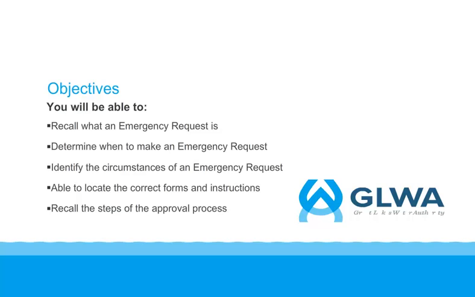As a result of the information you are provided in this presentation, you will be able to recall what an emergency request is, determine when to make an emergency request, identify the appropriate circumstances to make an emergency procurement request, and recall the chain of command to get your emergency request approved for submission.